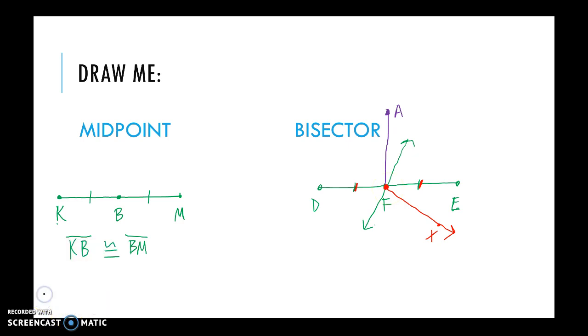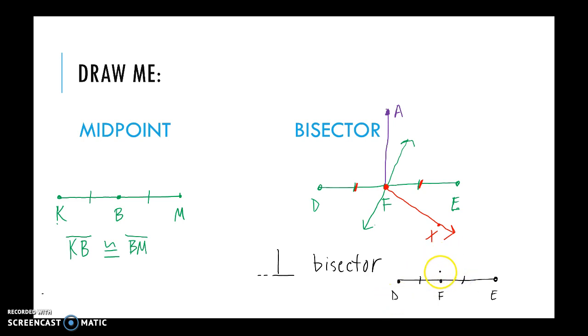Now let me add in here, just so you have it in your notes, a perpendicular bisector. Figure is going to look a lot like the one above. Here's my segment ED. My midpoint is at F, so I'm going to put my congruent markings on those segments.